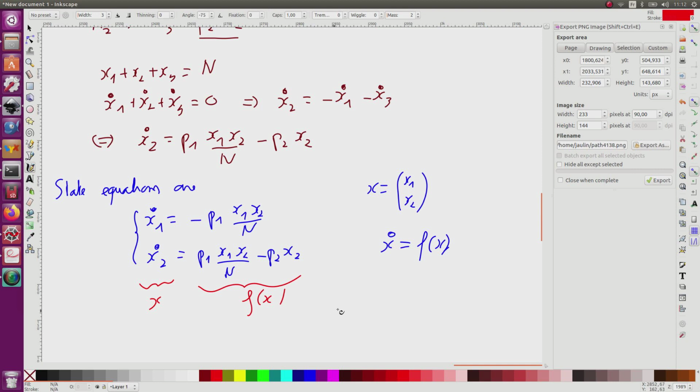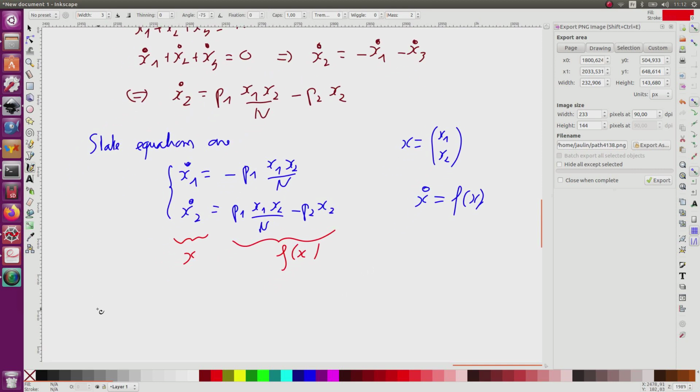So from the assumption, question number 2, from the assumption A3, I consider that since everybody is infected and the population is huge, I can consider that x2 corresponds to n. It's approximately equal to n because everybody is infected. It means that x2 divided by n is equal to 1, approximately. So this term is approximately equal to 1.